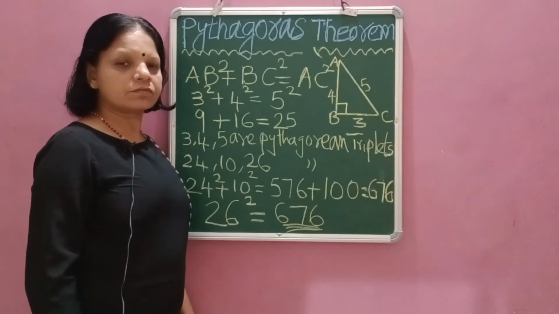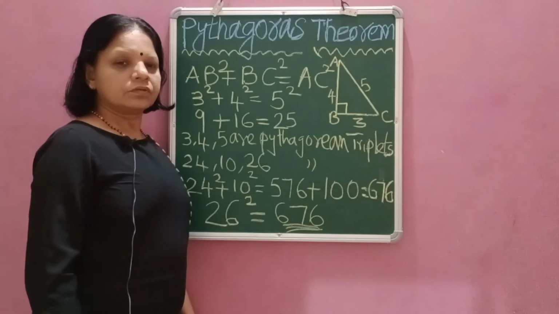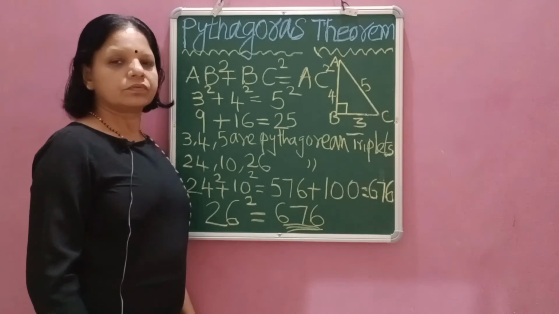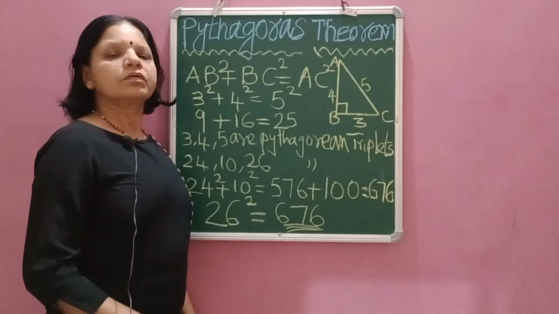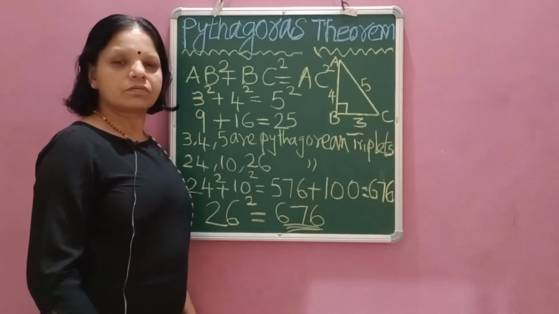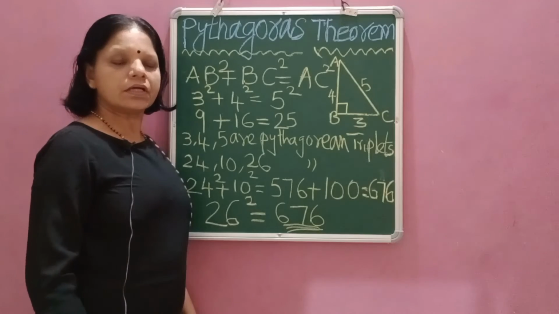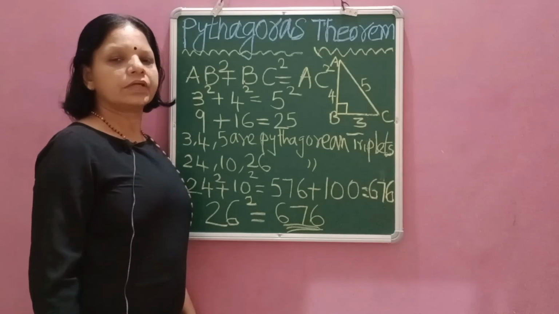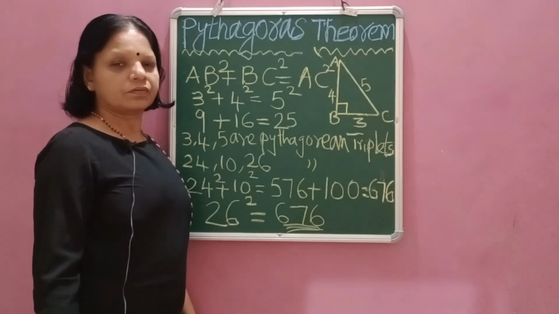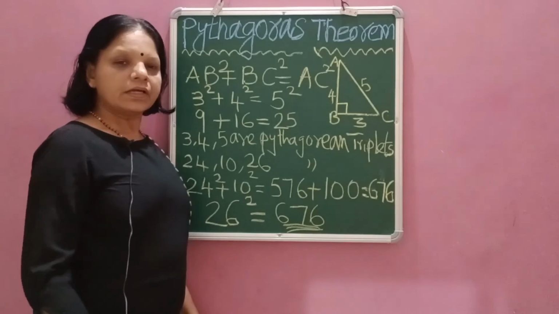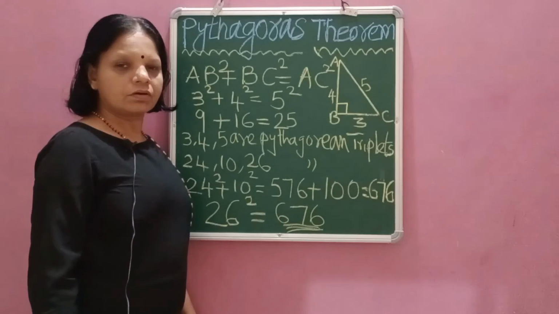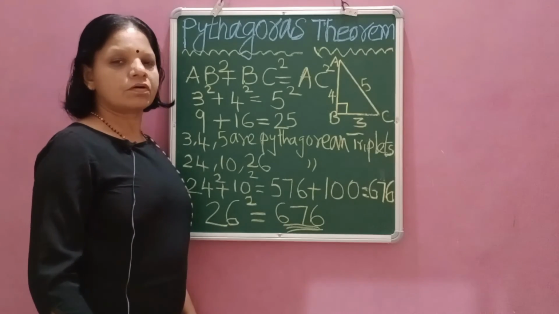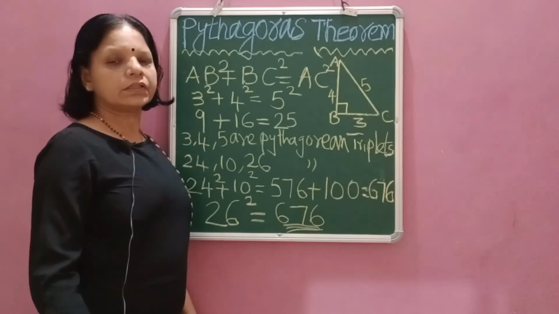Sum of the measures of the squares of the perpendicular sides of a right angle triangle is equal to square of its hypotenuse. Or you can say in a right angle triangle, square of the hypotenuse is equal to sum of the squares of its perpendicular sides.